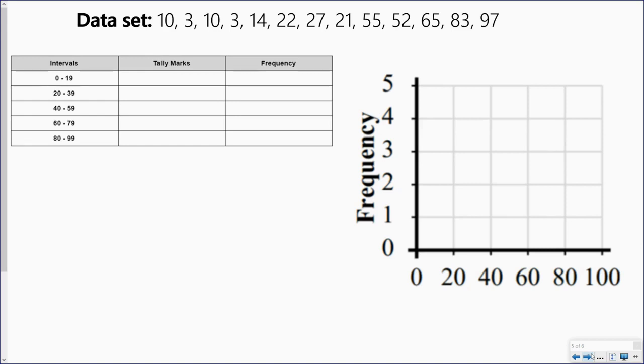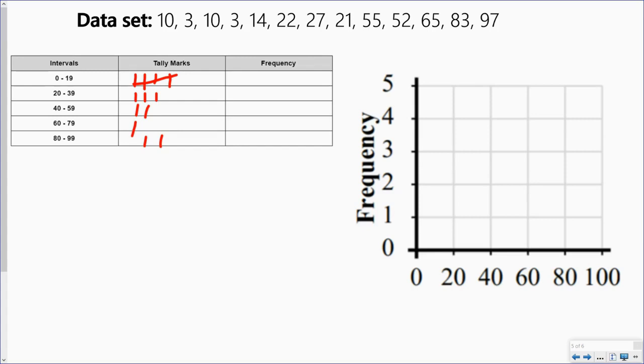So as I go through here, I have a 10, I have a 3, I have another 10, I have another 3, I have a 14, I have a 22, a 27, 21, then I have a 55, a 52, looks like a 65, an 83, and a 97.